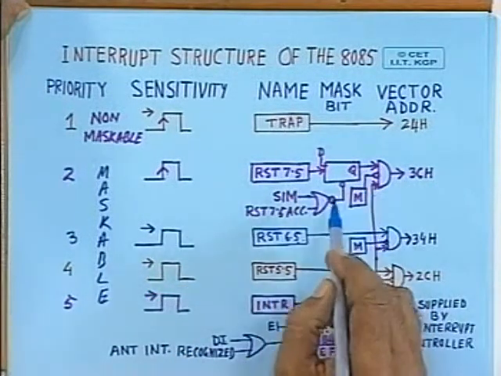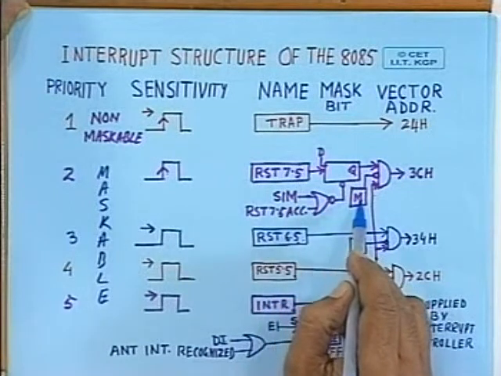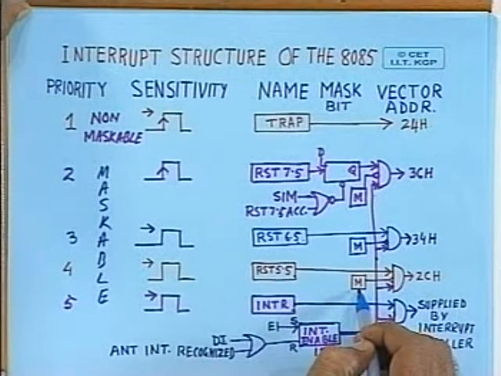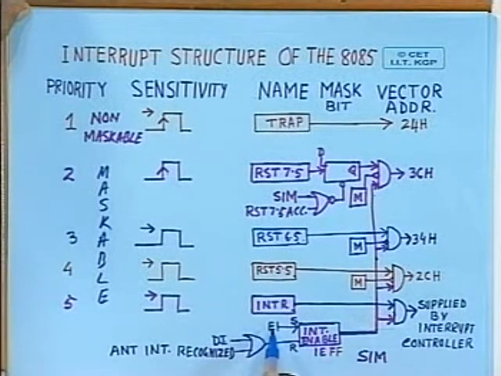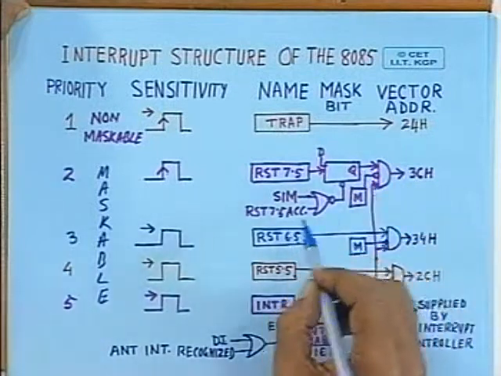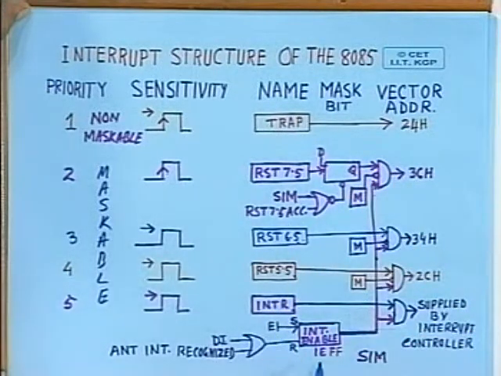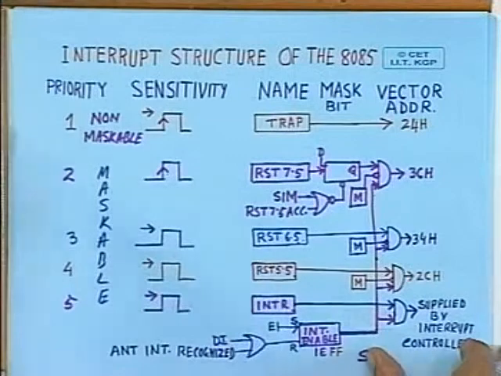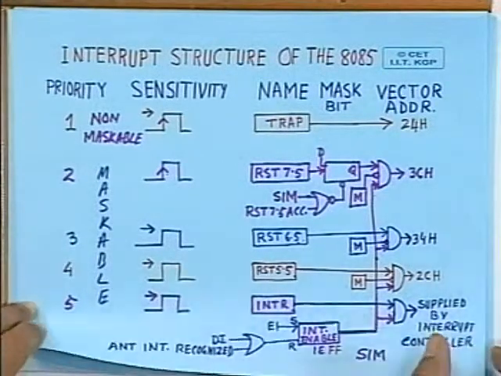For RST 7.5, there is a flag bit here, here, and here, which you can set with the help of an instruction. Or you can disable the entire set of maskable interrupts by using the disable interrupt instruction, or you can enable all of them by using the enable interrupt instruction. We have already discussed this in detail earlier.